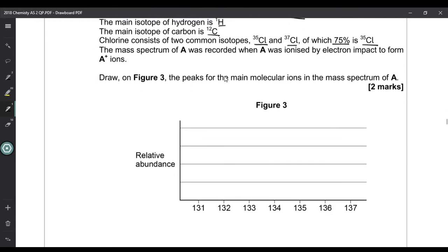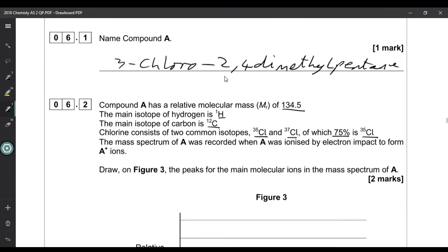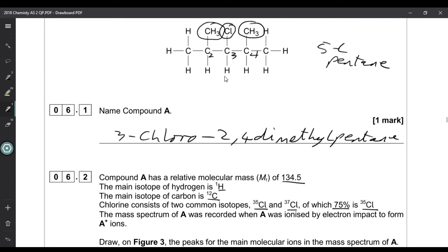So we've got the chart there. The easiest way to do this is initially just count up how many carbons you've got and multiply that by 12. Count up how many hydrogens you've got and multiply that by 1. Then add them together. So we've got our basis of the structure without chlorine.